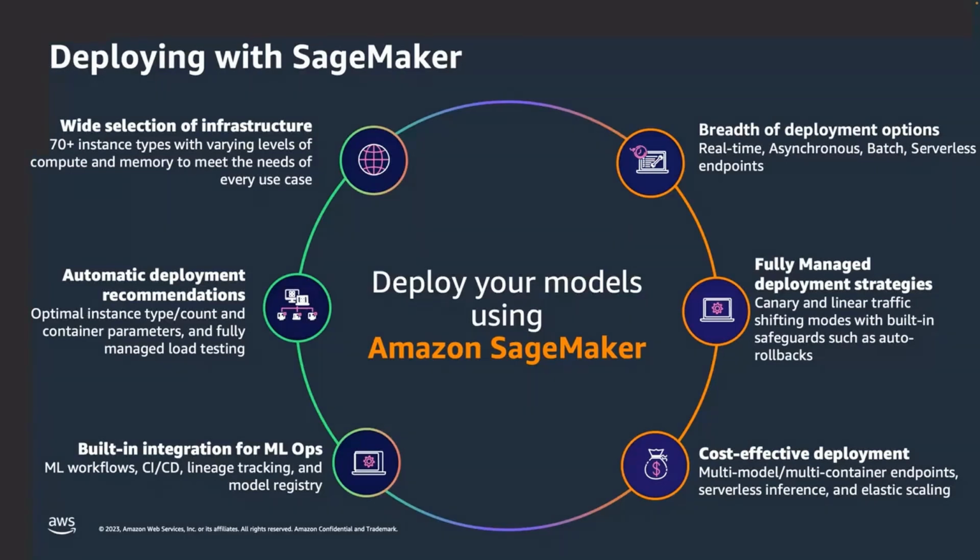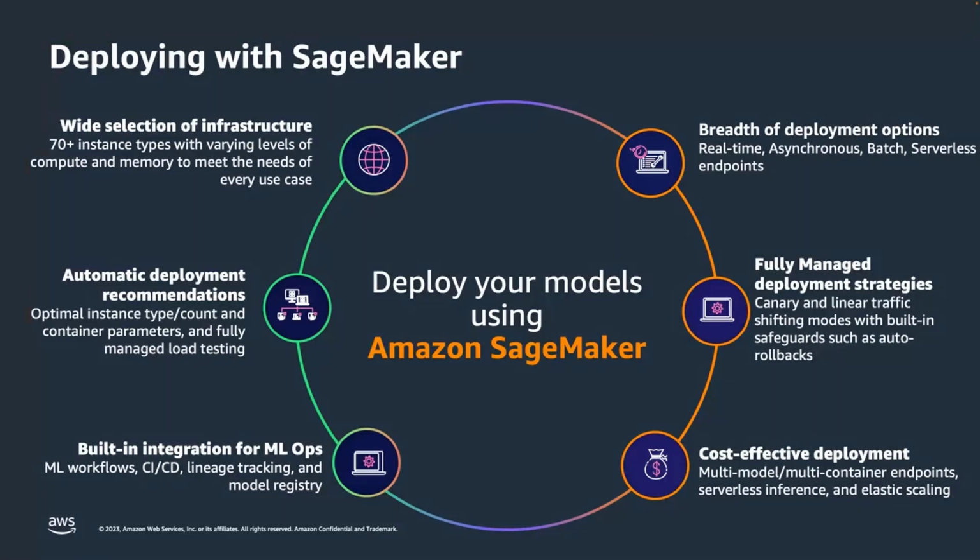SageMaker offers managed deployment capabilities spanning multiple use cases and a variety of compute options to host your models on. You can use persistent endpoints for real-time use cases, asynchronous inference for near real-time and large payloads, batch transform for batch use cases, and serverless inference for spiky or intermittent workloads.